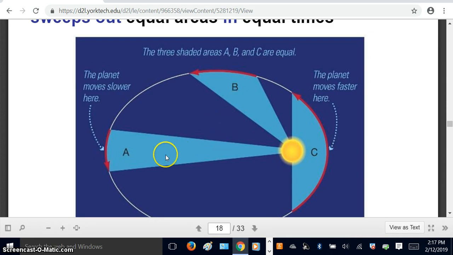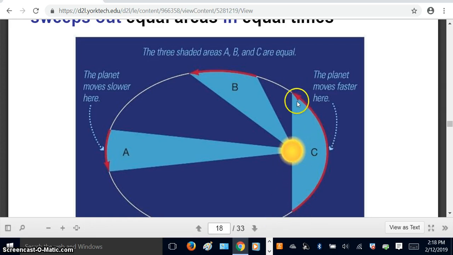And the time for the planet to go from right here, at the beginning of A, to the other side of A, this little arc right here, is exactly the same time that the planet goes in the arc that makes B, and this is exactly the same time, although this is a little exaggerated, for the time to go for this little arc C.